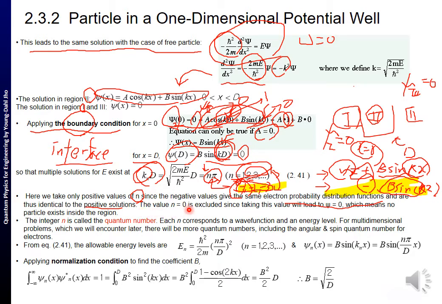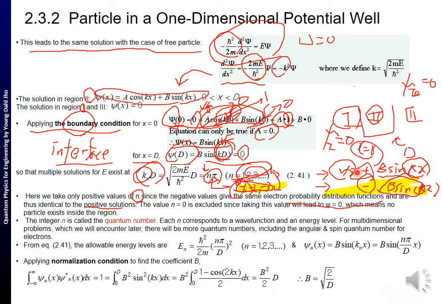The value n equals 0 is excluded, since taking this value will lead to psi equal to 0. So when n is 0, k is 0. What does it mean? The wave function is 0, so it means the particle doesn't exist, right? Because the wave function squared is equal to probability.